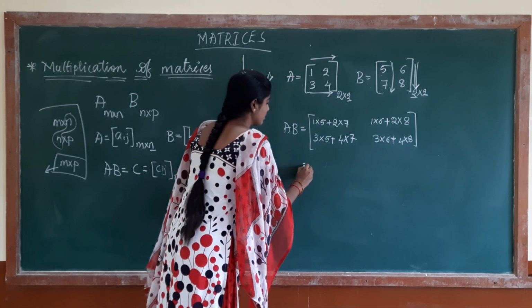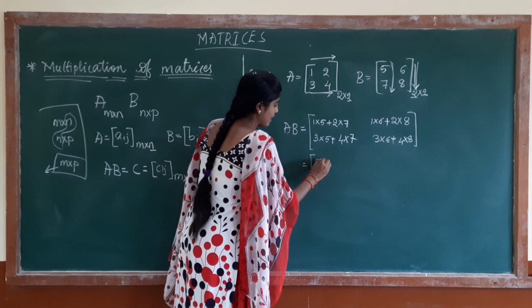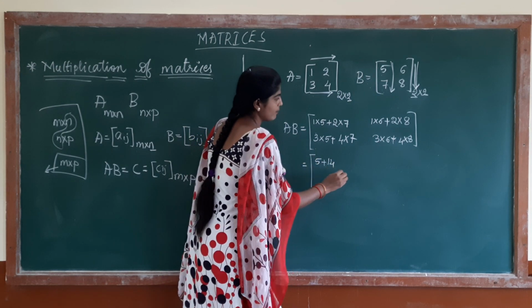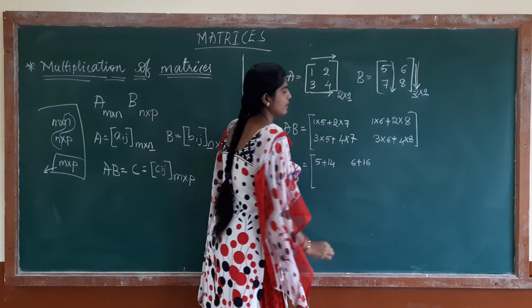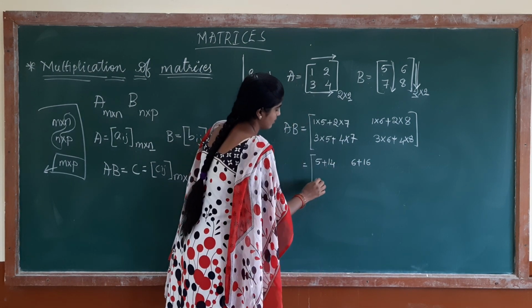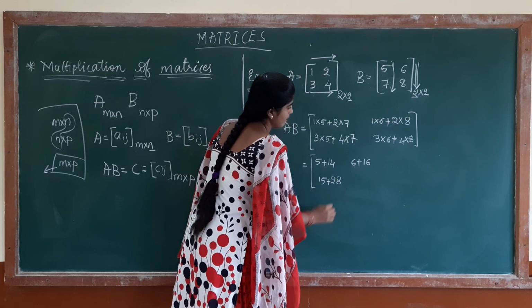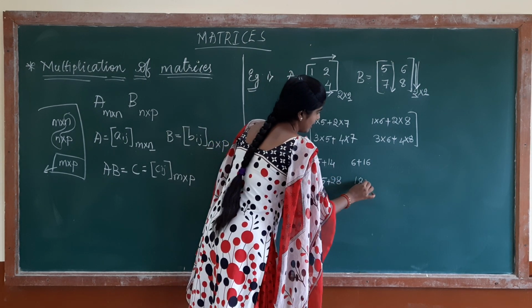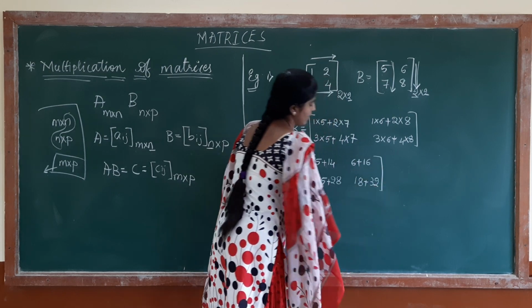If you solve it, it will be 5 plus 14, 6 plus 16, 15 plus 28, 18 plus 32.